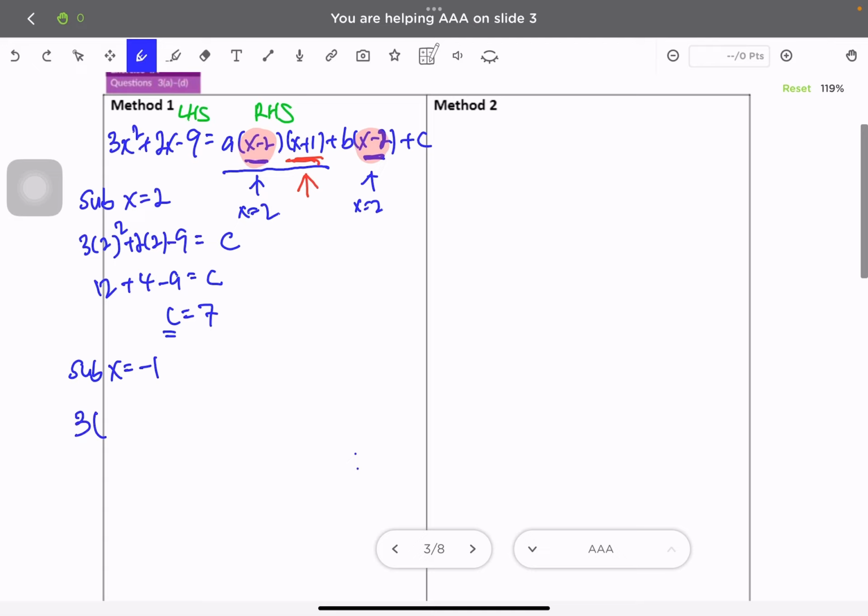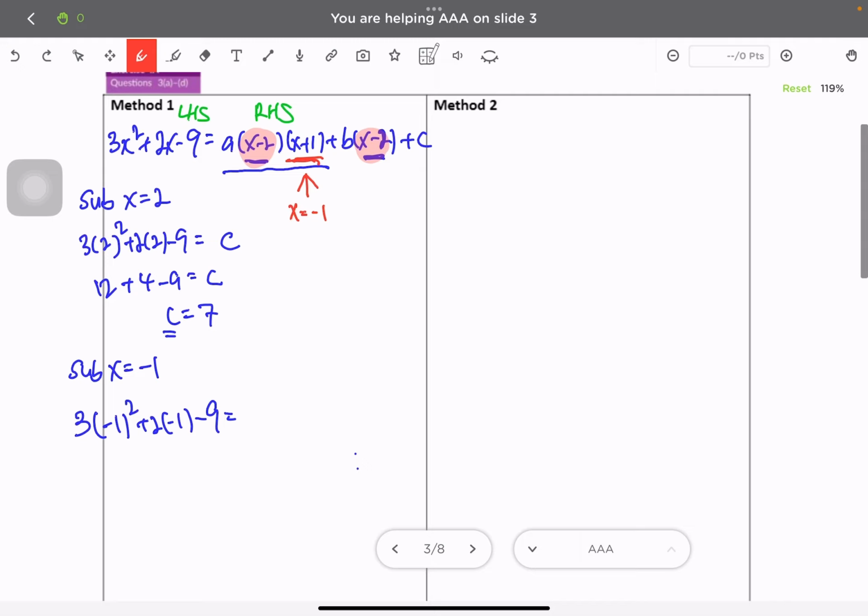So it will be 3 bracket minus 1 squared plus 2 bracket minus 1 minus 9. Same thing. Now, let me erase the earlier part. Okay, so now I am substituting x equals to minus 1. If I sub x equals to minus 1, the whole of the a term will become 0.